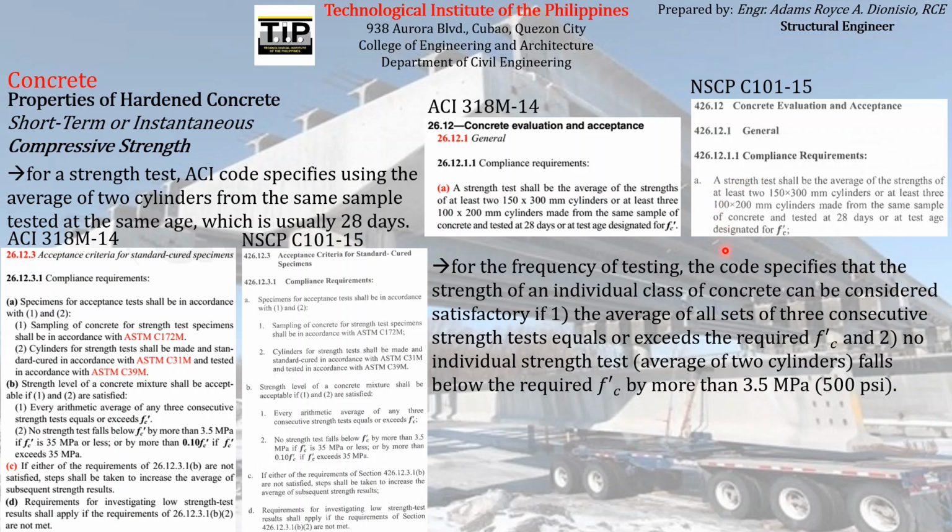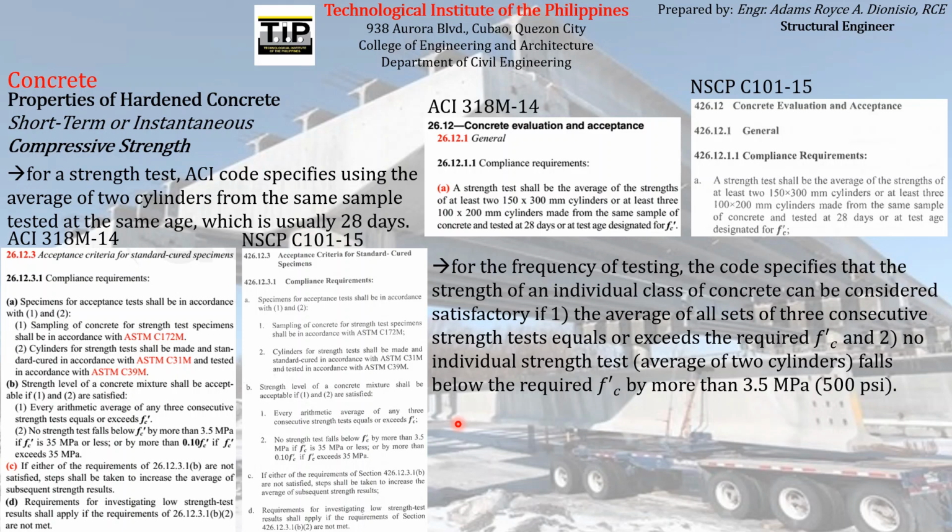And then for the second strength test, we will have say 35 megapascal, and then the third is 36 megapascal. So if we find the average of those three consecutive strength tests, we can see that its average is 35 megapascal.